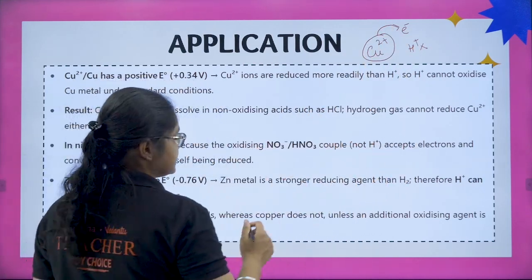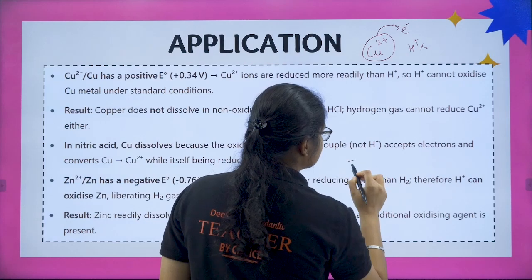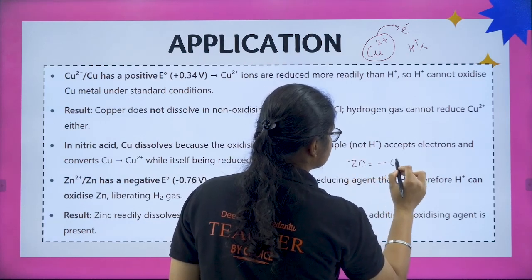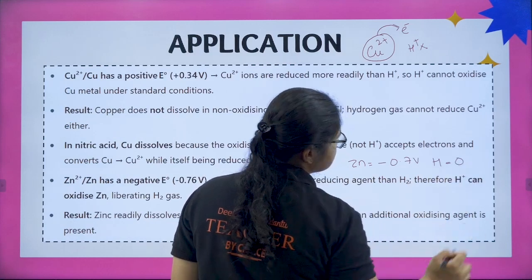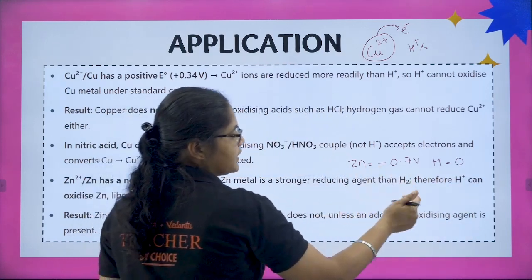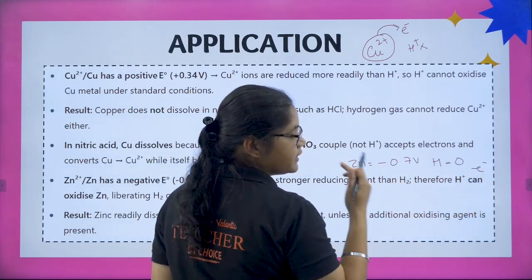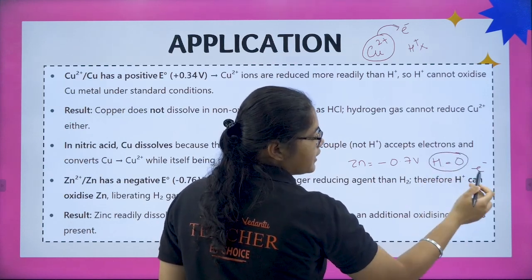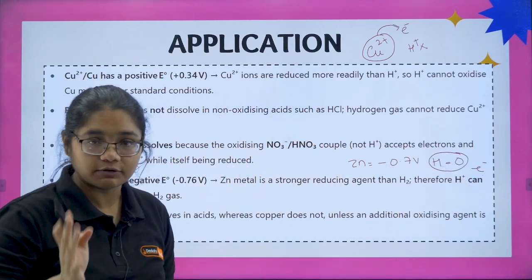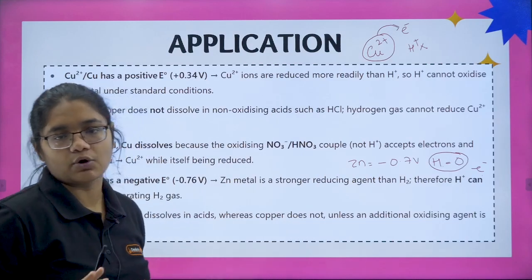But if we talk about zinc, it has a reduction potential of minus 0.76 volt and hydrogen has a reduction potential of 0 volt. Now if an electron comes, who will undergo reduction easily? Hydrogen will undergo reduction. When hydrogen undergoes reduction, hydrogen gas will be produced there, and here hydrogen gas will not be produced.